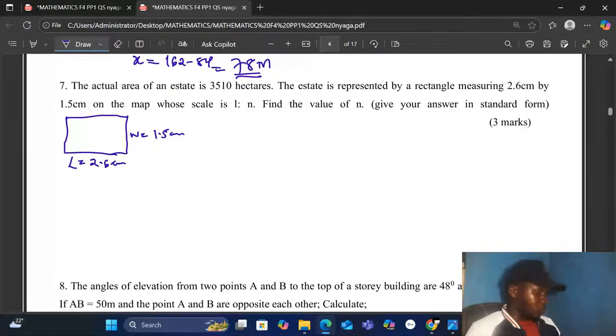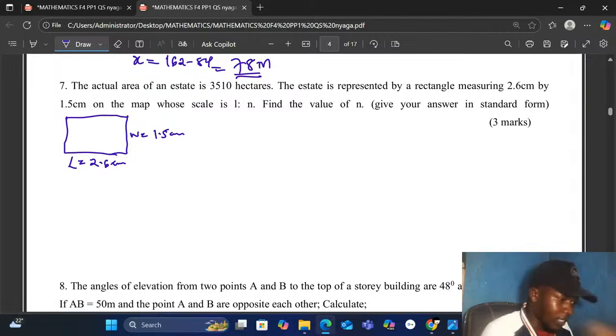So that is what we are given. Now, they're saying that the actual area of the estate is 3,510 hectares and it is on a map whose scale is 1 to n. So we are supposed to find the value of n.